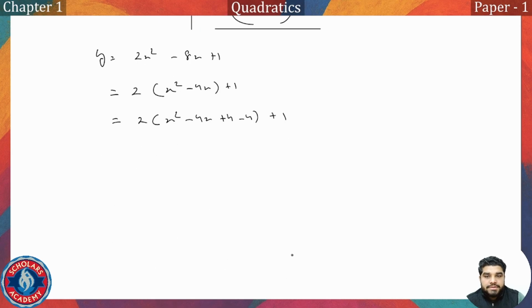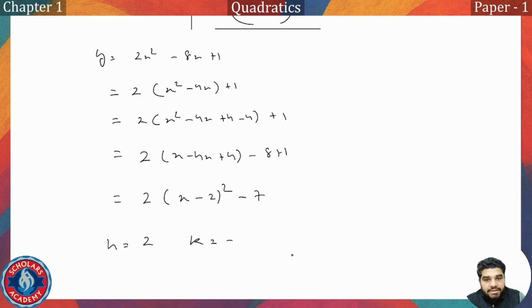From here we get 2x minus 4x plus 4 minus 8 plus 1. This gives us 2x minus 2 whole square minus 7. So what we get is h is equal to 2 and k is equal to negative 7. So the vertex point is 2 comma negative 7, and the line of symmetry is x is equal to 2.